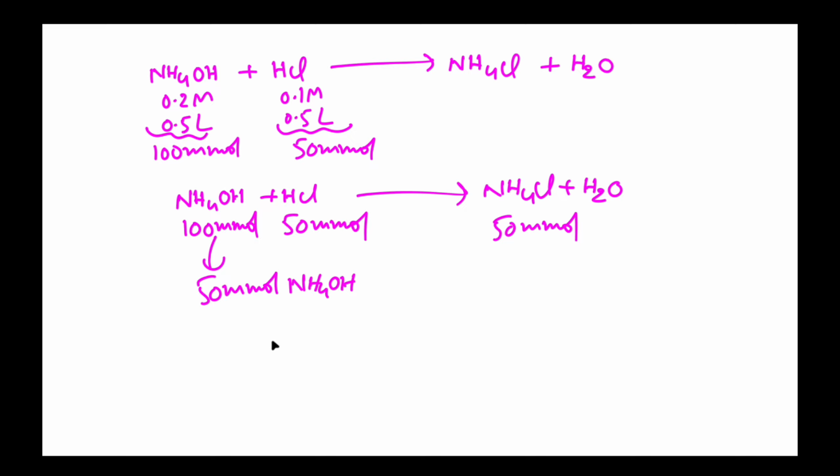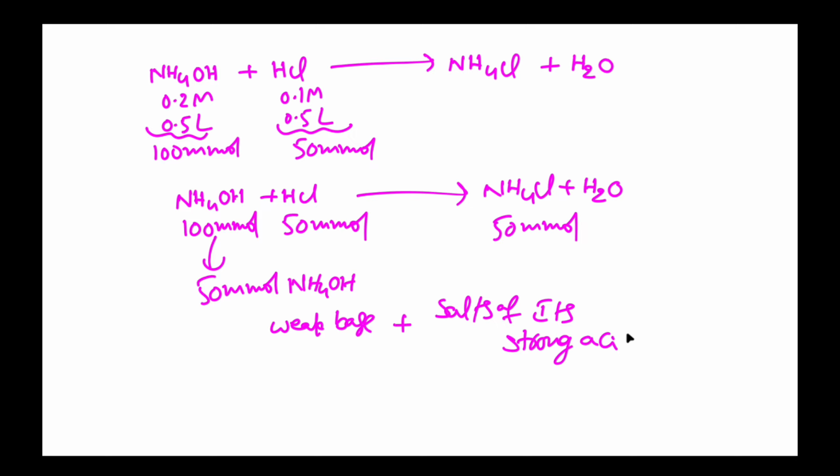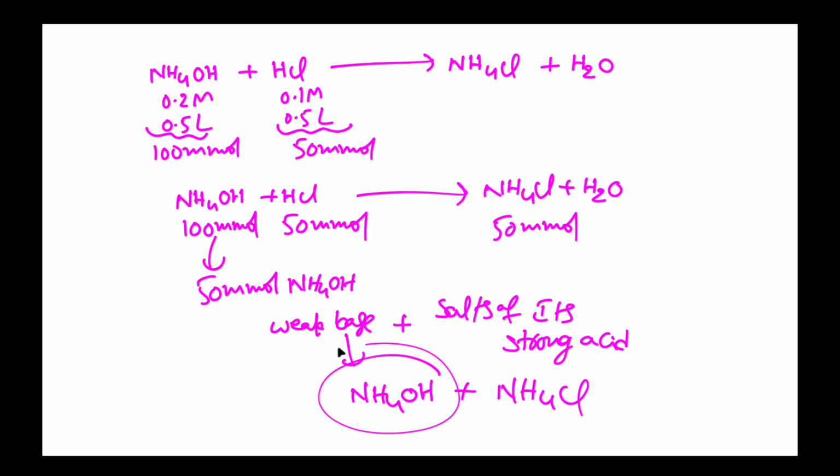So the preparation of a basic buffer solution is the combination of a weak base plus salts of its strong acid. That is NH4OH plus NH4Cl. After completion of that reaction, still some amount of weak base exists in that solution. That is a basic buffer solution.